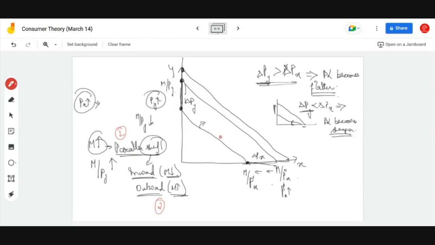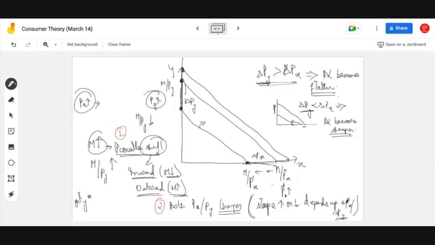Second, the budget line is shifting when both Px and Py change. Now the slope will increase or decrease depending upon delta Px and delta Py.